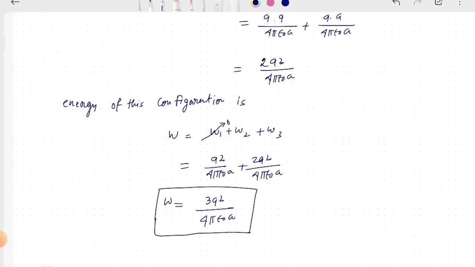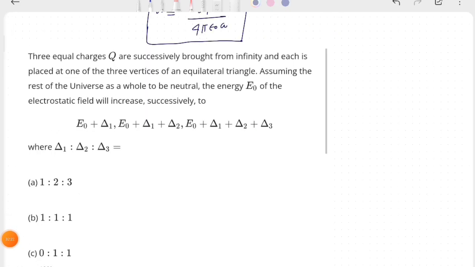I think it is a very good question. Let's take another problem. Let's discuss question number 2, asked in TIFR 2012.